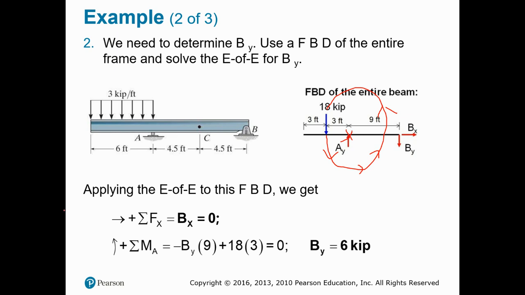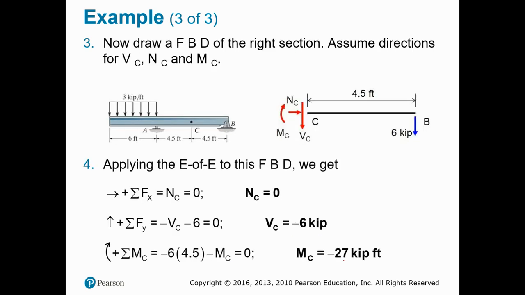That's why you have 18 times 3, which is positive. The moment arm is 3 feet for that 18. And then the second term is your By. By is trying to rotate clockwise, and clockwise is defined as negative. So you have negative By multiplied by the moment arm, which is 9 feet. That's where that comes from. So you're solving for the value of By.